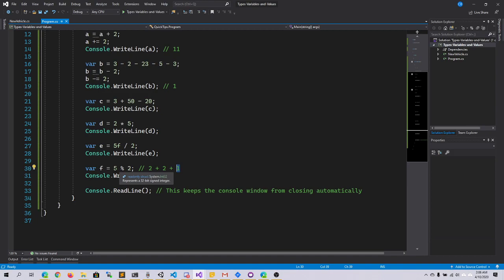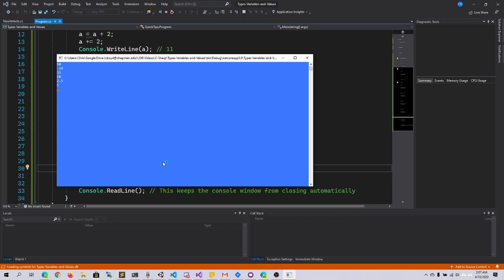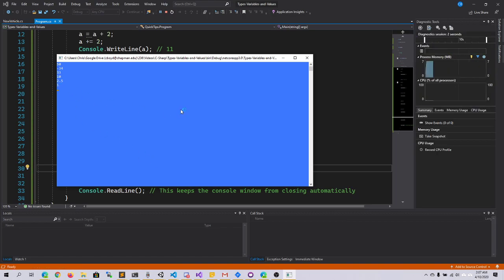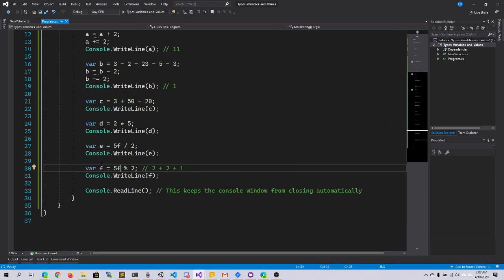Now, if we were to go ahead and look at what we did with division and say, okay, I want to do 5 as a float modulo 2, you're still going to get 1. That's because even though I'm saying a float, and yes, 5 as a float divided by 2 does result in 2.5, modulo says, no, give me a whole number.